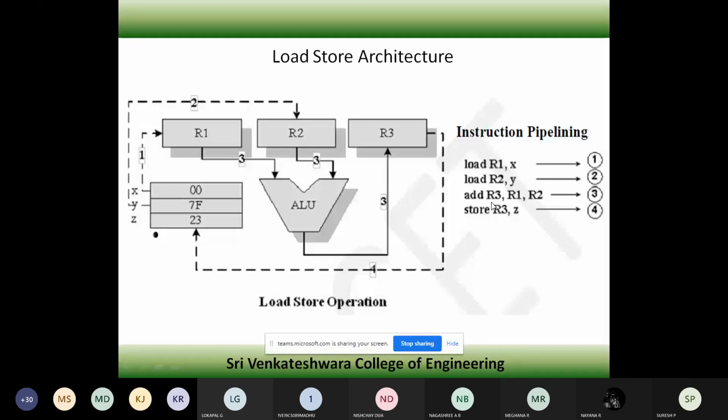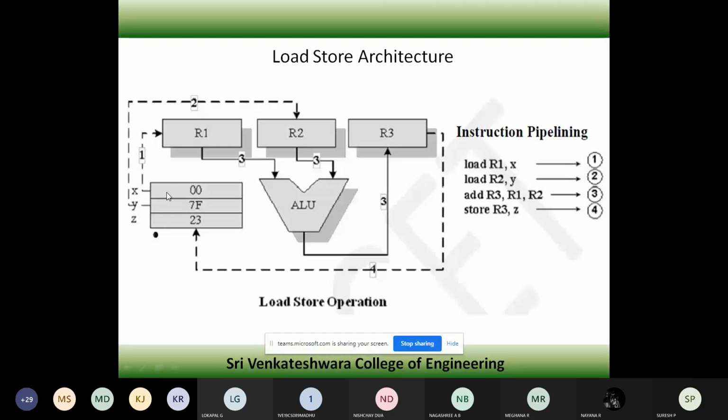Next is the instruction store R3, Z. In the store instruction, the data is moved from the register to the memory location. If you have this type of scenario, you can see it here. Now in the load store operation, first the data has to be there.